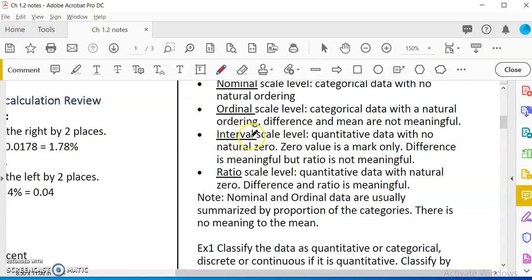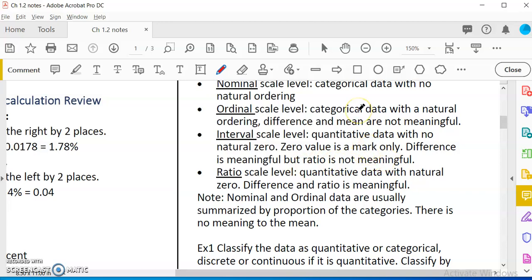The third is the interval scale level. Interval scale level usually measures quantitative data. It is a numerical value and it rates something, but there's no natural zero. The zero value is actually a mark. It could mean it's neutral. It doesn't mean it's nothing. So if a particular value is at the interval level, then the difference is meaningful, but the ratio is not meaningful.